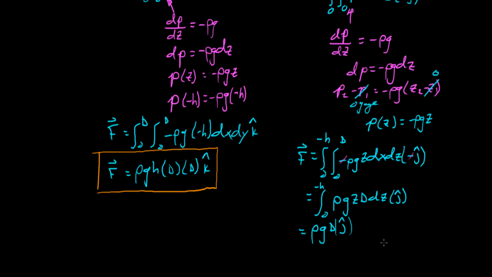And we're left with the integral here, which is going to give us z squared over 2, which we now need to evaluate from 0 to minus h, which finally gives us the value rho g d h squared over 2, and that's acting in the j direction.